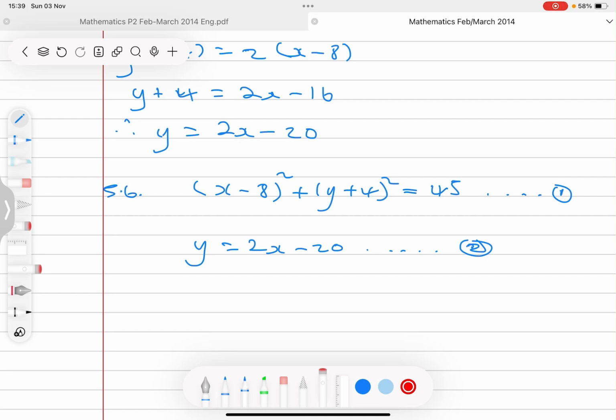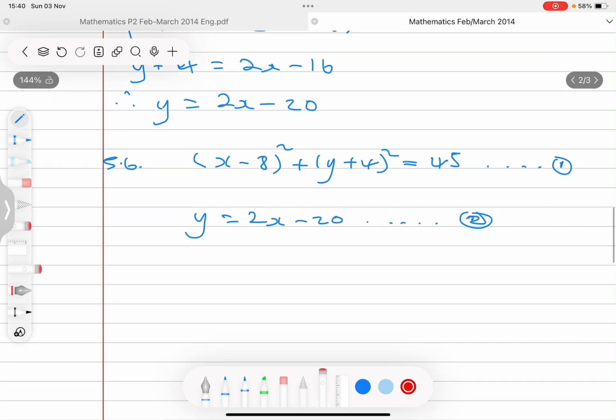So you can see here the simplest way to solve this is to do simultaneous equations, where we take this y and substitute here, because it's going to be difficult for us to make x or y subject of the formula here. So it's easier to take this one and solve for x, and then later on solve for y if we need to, to get the point.